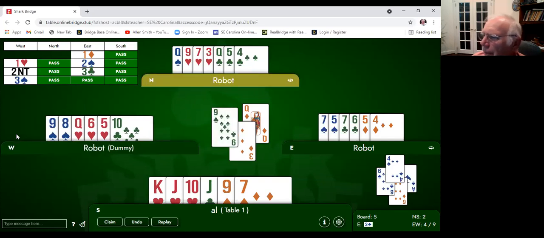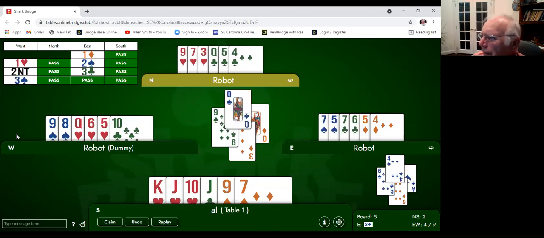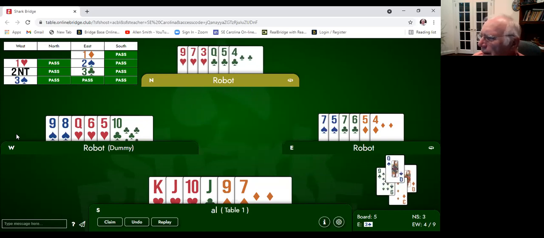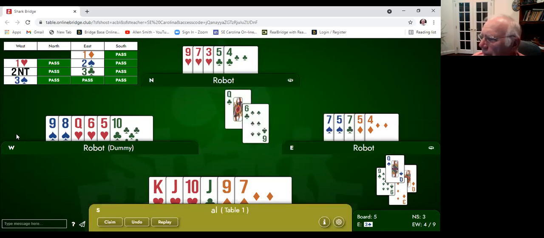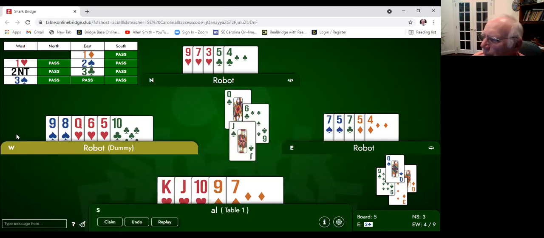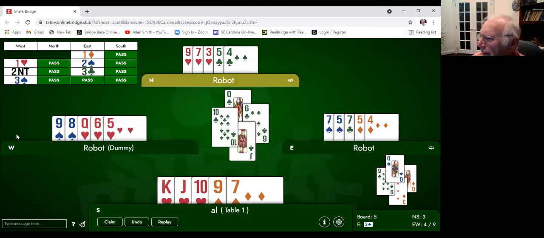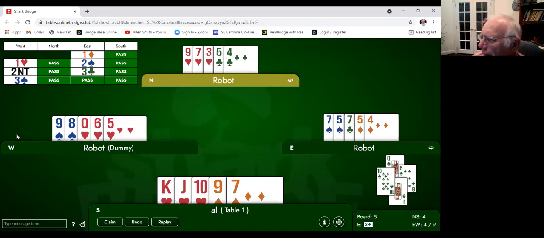Okay, now our partner is going to jump in with the queen. They're going to lead the queen of clubs, because they've worked to set up that trick. There was no way that we could really signal, and now he's going to lead another heart.